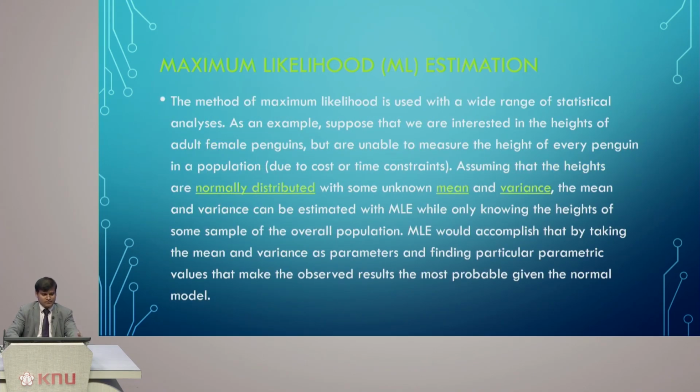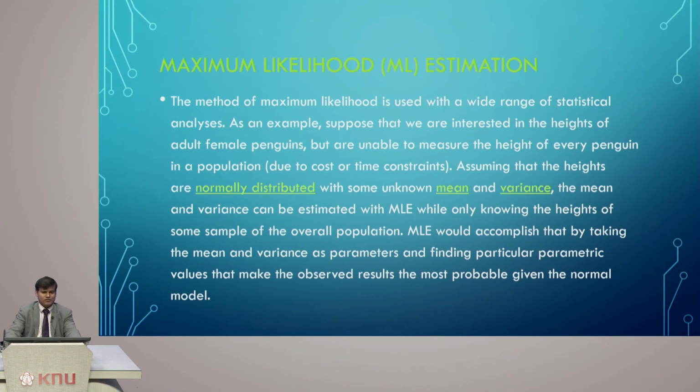Okay, so this is an example of estimation where, suppose you are interested in the heights of adult female penguins, but you are unable to measure the heights of the entire penguin population because it's quite impossible to reach the place and measure the heights yourself.